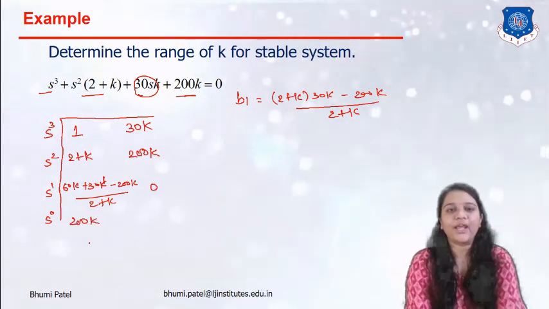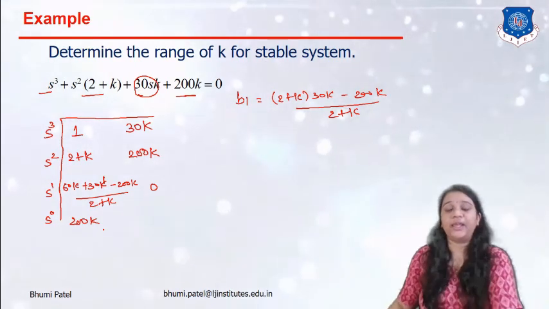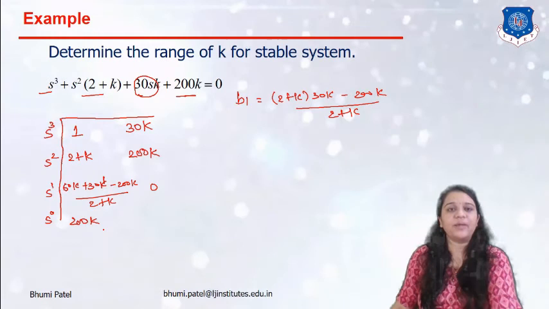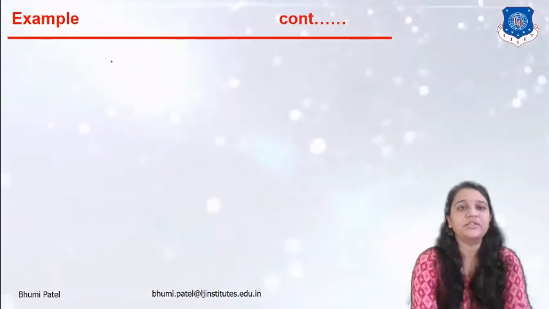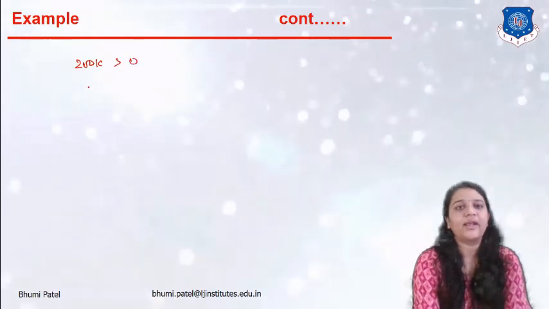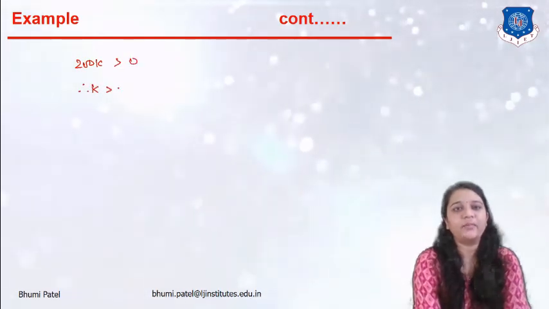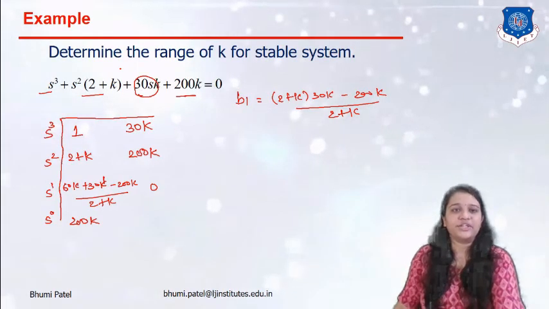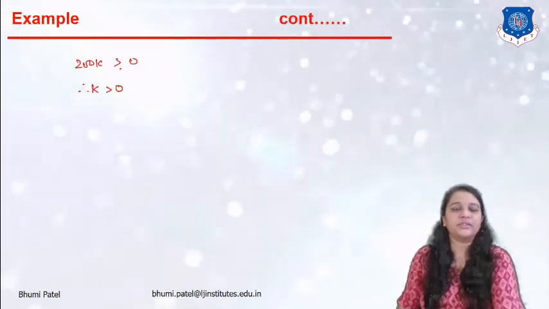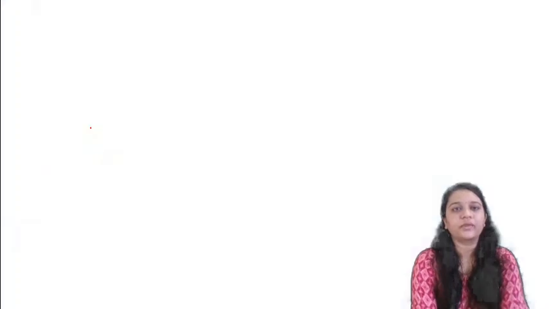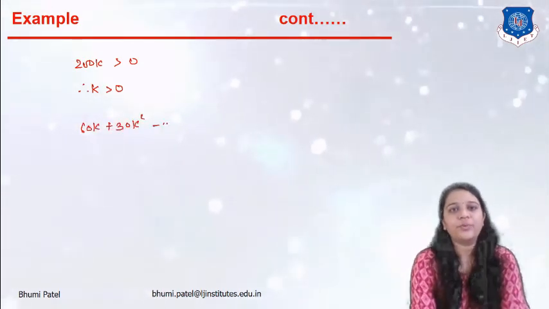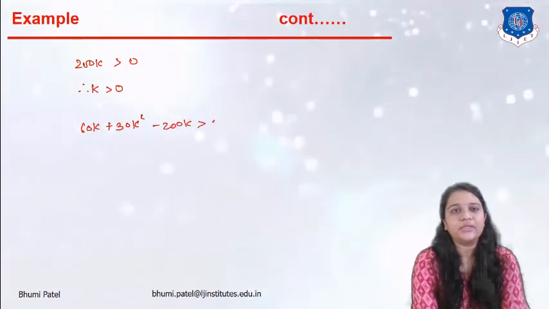Now we have to find the value of k at which the system will become stable. So the first condition is 200k greater than 0. That means the value of k will be greater than 0. Now the next term is 60k plus 30k square minus 200k greater than 0.